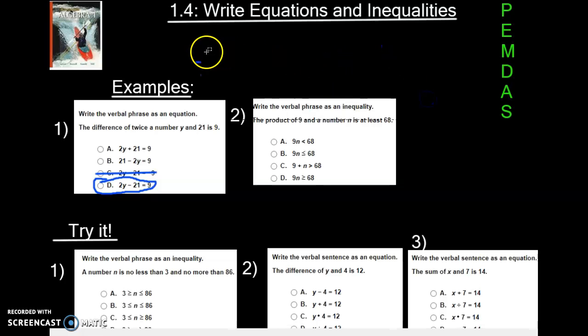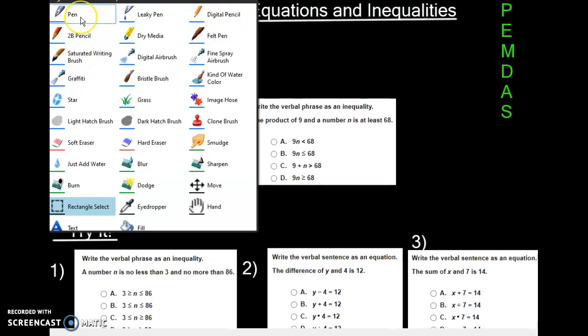Now, because they said an inequality, we can already assume that it has a greater than and equal to, a less than and equal to, a greater than, or a less than symbol.